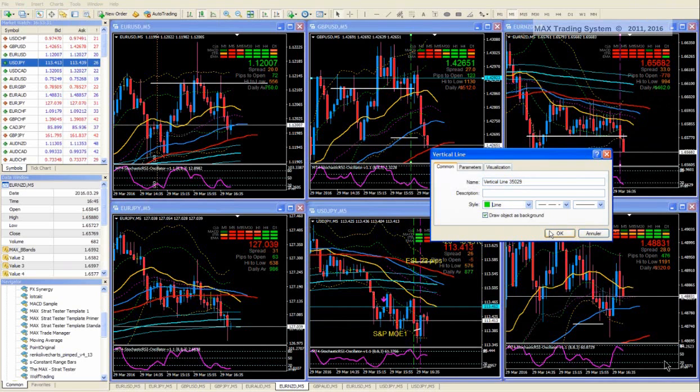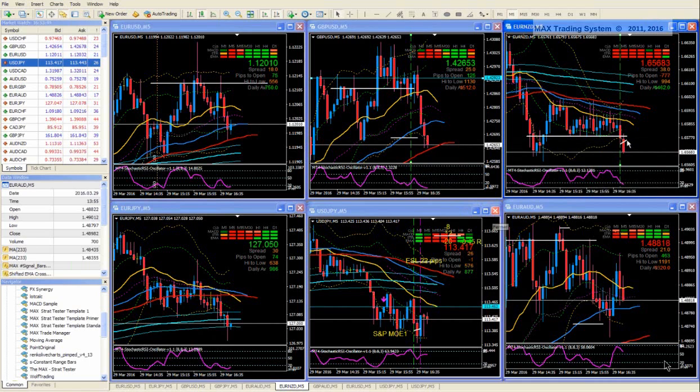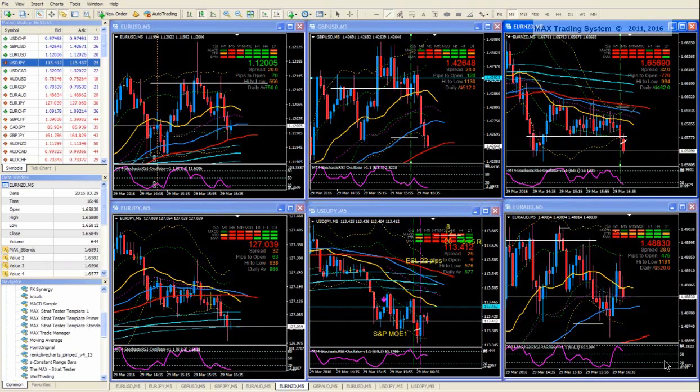And the entry would have been somewhere in this area, somewhere here. Okay. The stop loss would have been somewhere, yeah, here. And it would have been around 25 pips.